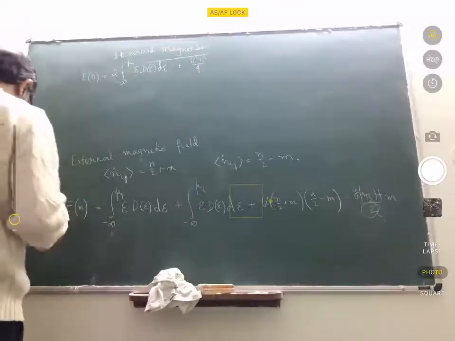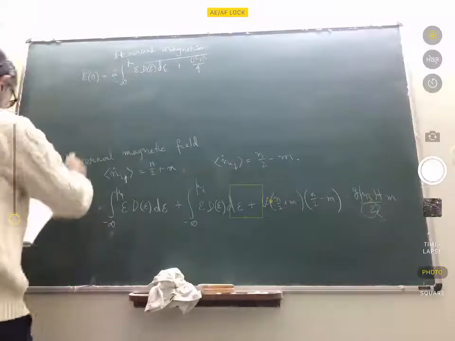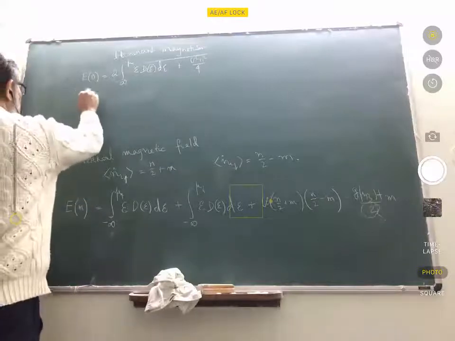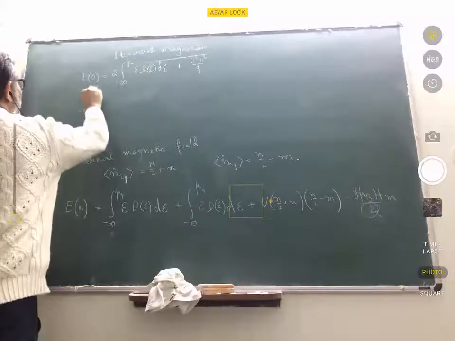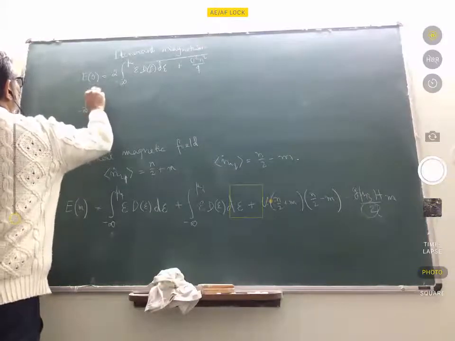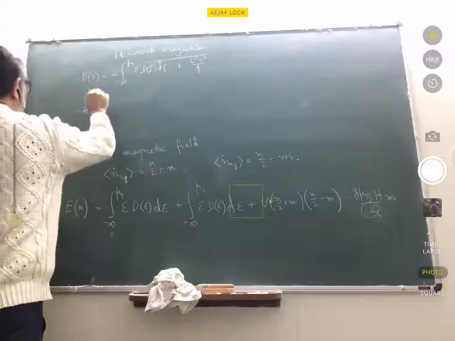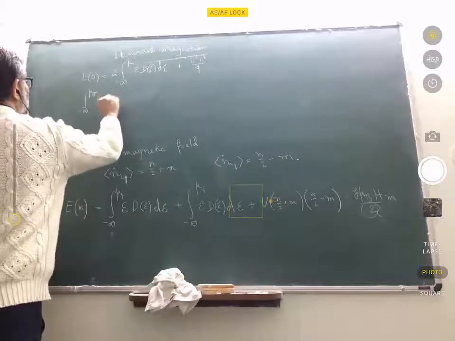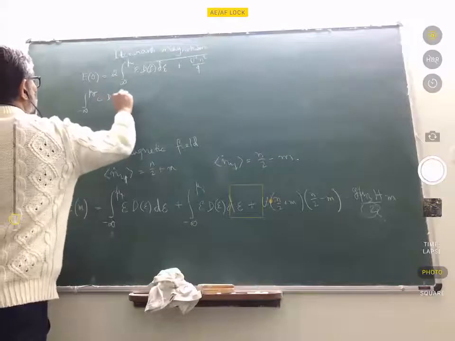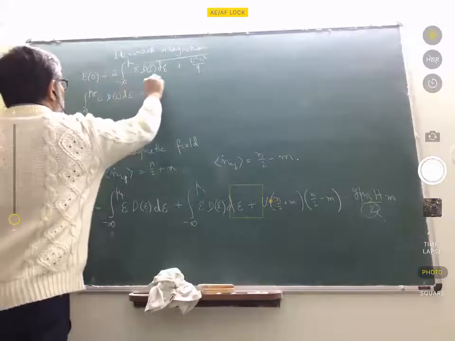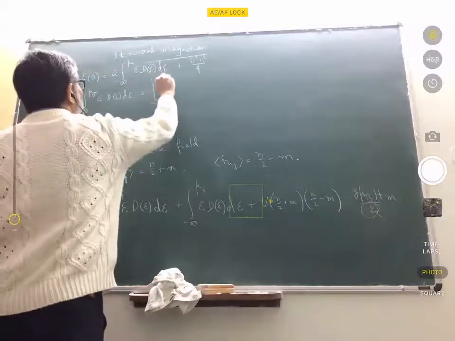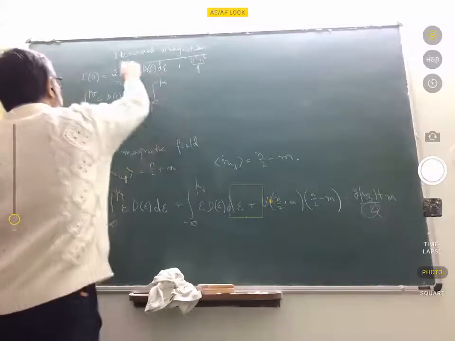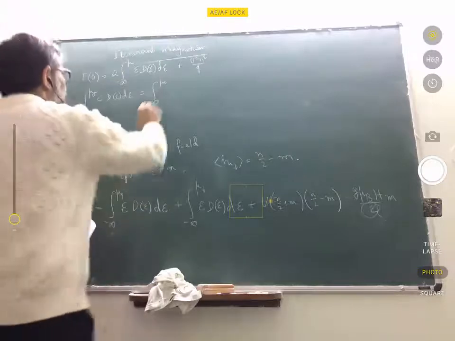So now we do some tricks. So what we do is, mu naught is the chemical potential when there is no magnetization.